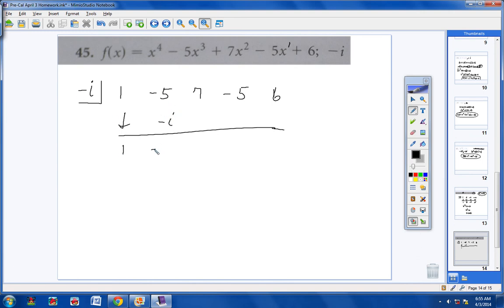Combine those, and you'll get negative 5, negative i. Now, if we multiply, we're going to get this right here. i would be a positive 5i, and then a positive i squared. But remember, an i squared is a negative 1, so you really have a negative 1 here. So if you combine those, you're going to get 5i.